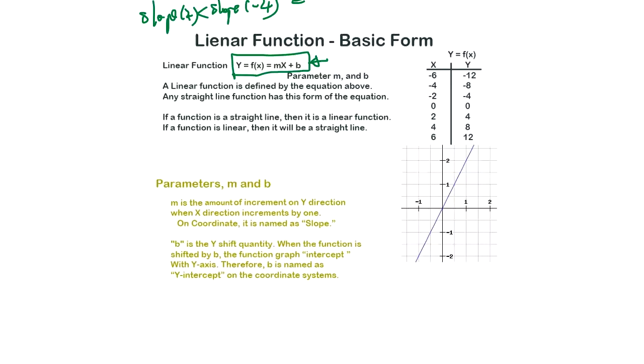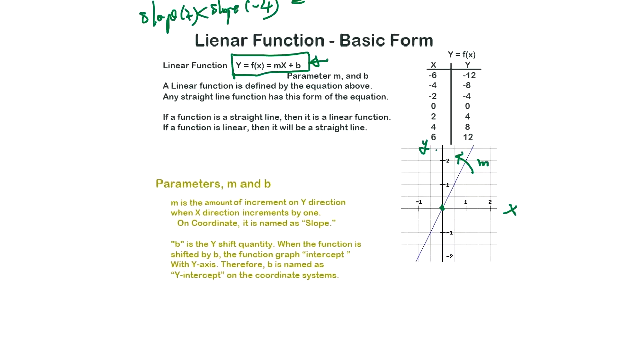So what happened is m is a slope, so m determines how much the line is inclined around the coordinate 0, 0. The line depends on m, the slope change.